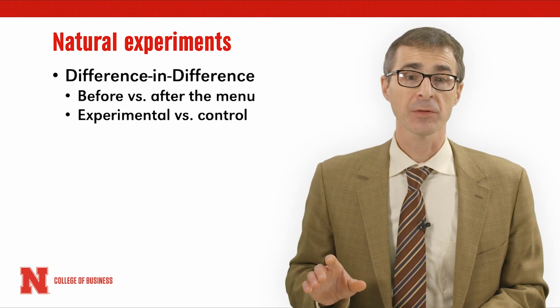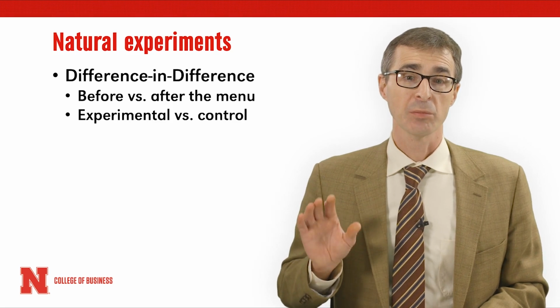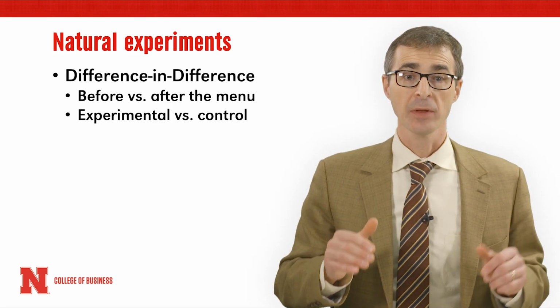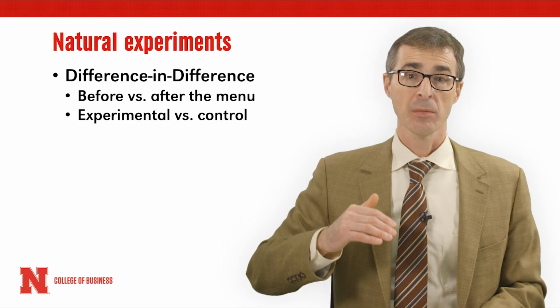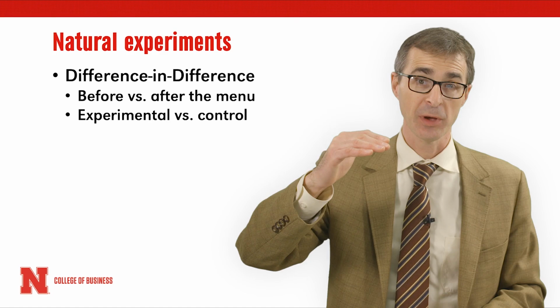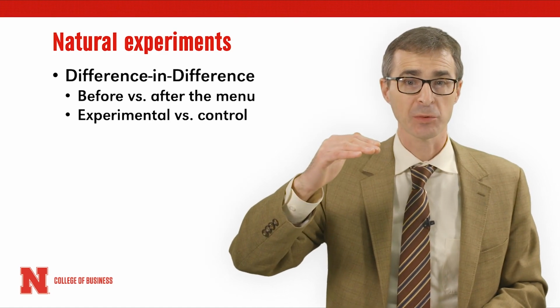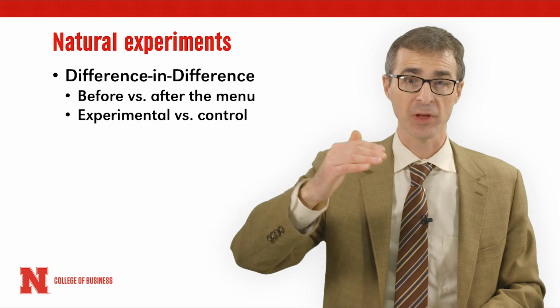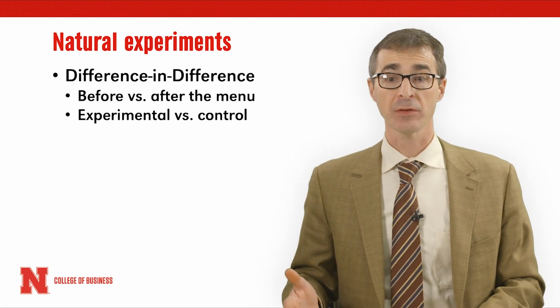The difference in difference estimator then uses before versus after the menu as the first difference, and then uses the Fort Worth group relative to the Dallas group as the difference between the experimental and the control. The Dallas group was actually the experimental group, the Fort Worth was the control group, but that represents the second difference in the analysis.